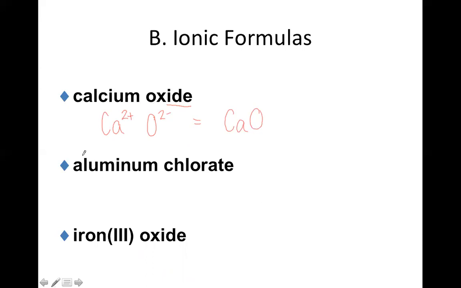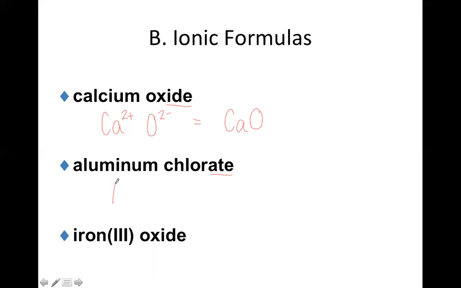All right, this next one here, aluminum chlorate. So how do we know this is ionic? Aluminum is a metal. Chlorate, so here now again we have this ATE term. ATE tells us it's a poly. So we have a metal with a poly, that tells us it's ionic.